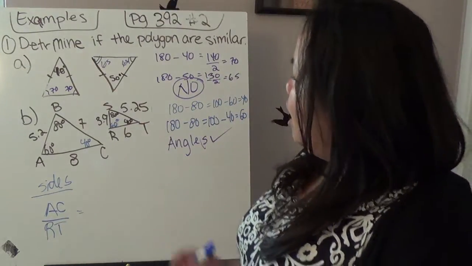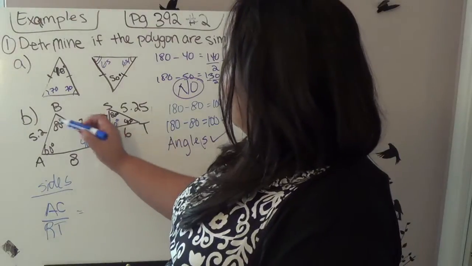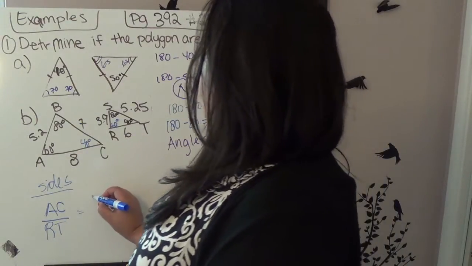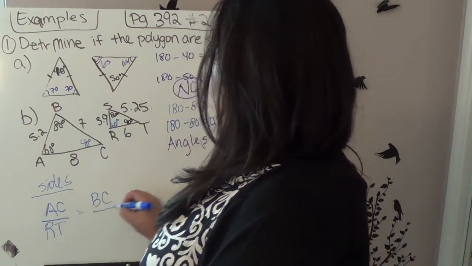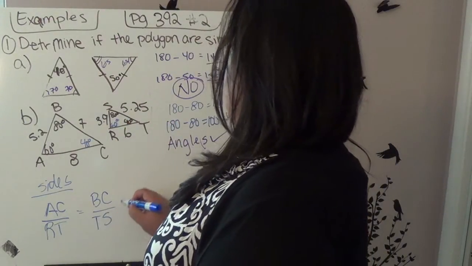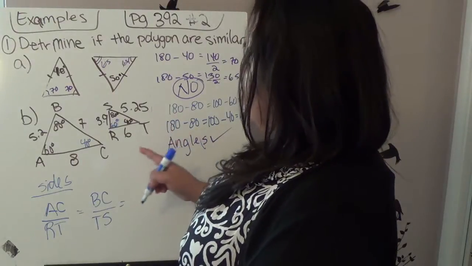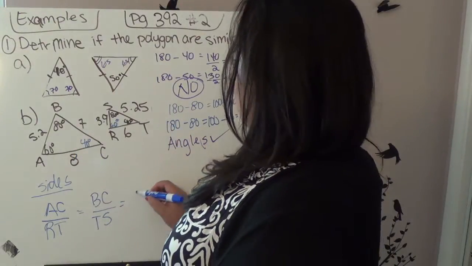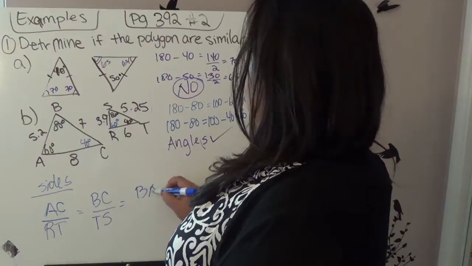The next one is 40 degrees to 80, so BC to 40 degrees to 80 is TS, which then equals our last one, which is 80 to 60. So BA over SR.